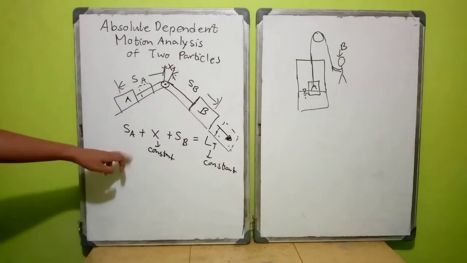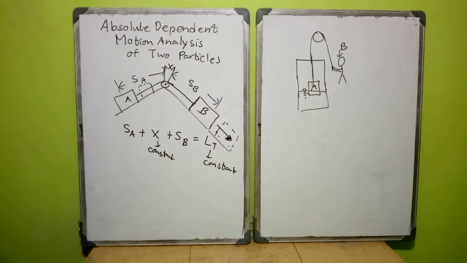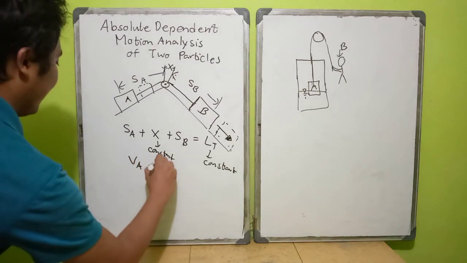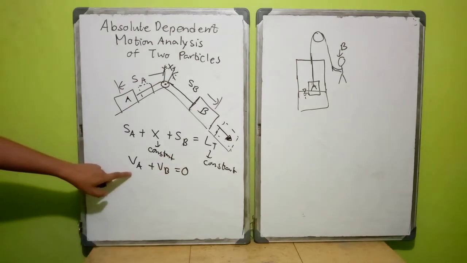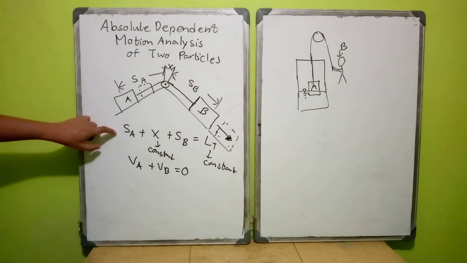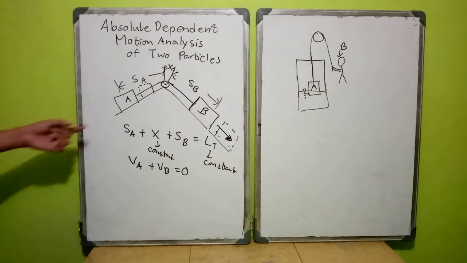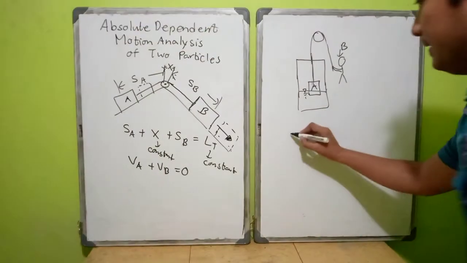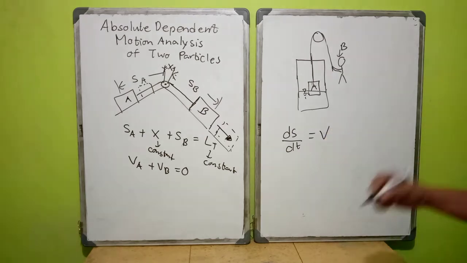Once we differentiate this in order to get your velocity, we will get VA plus VB is equal to 0. How do we get VA plus VB equal to 0? We differentiate these distances relative to time. Remember that ds over dt is equal to velocity.